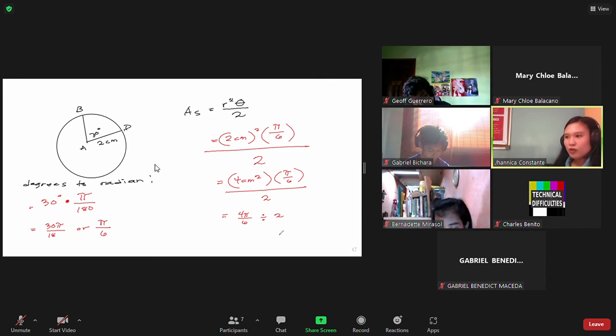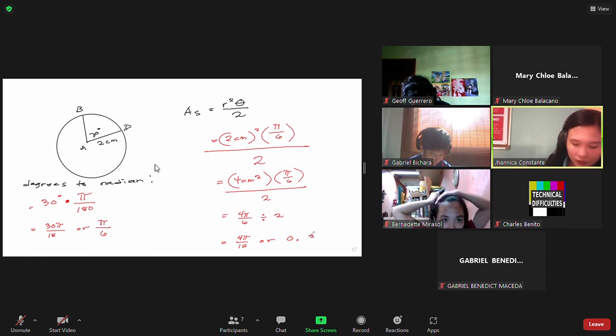So in fraction form, we will be having 4 pi radian over 12, or in decimal form, we will be having an area of sector which is 0.33 pi radian centimeters squared.